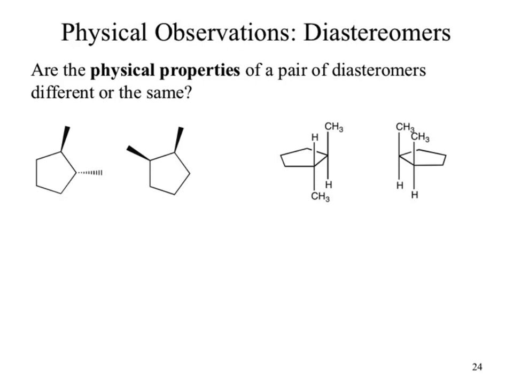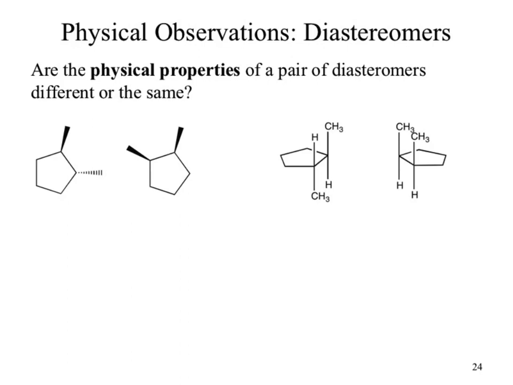Okay? So, physical observations, diastereomers. What are their physical properties? Okay, so like melting point, solubility. If I compare these two structures, would I expect them to have the same physical properties? They have the same intermolecular forces, but do they have the same shape? It can help if we switched over to, say, a Haworth.